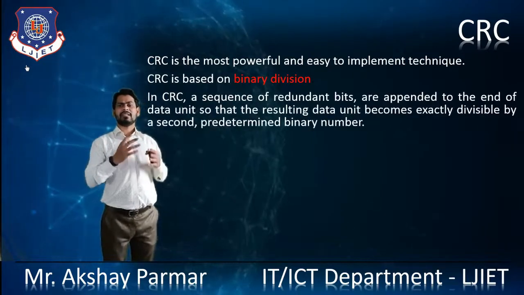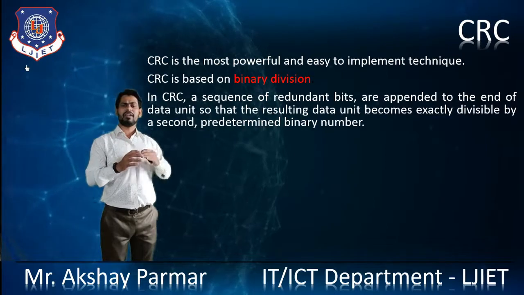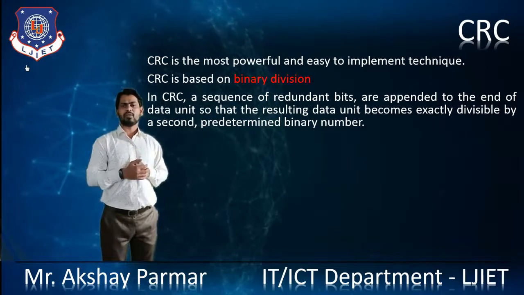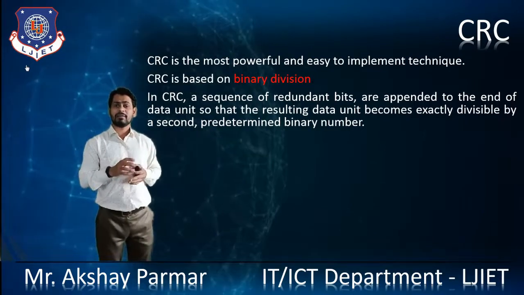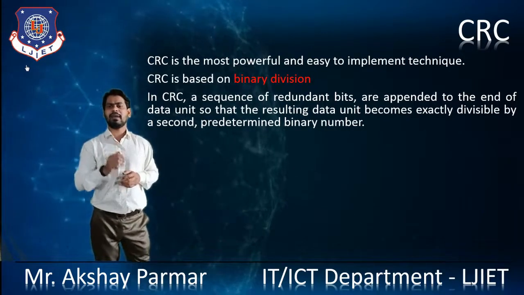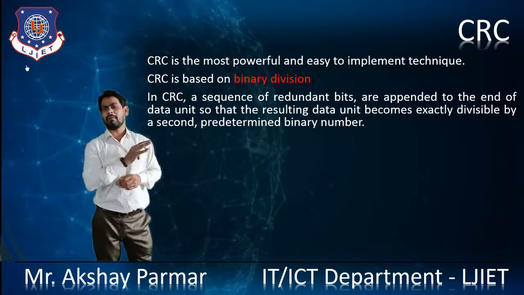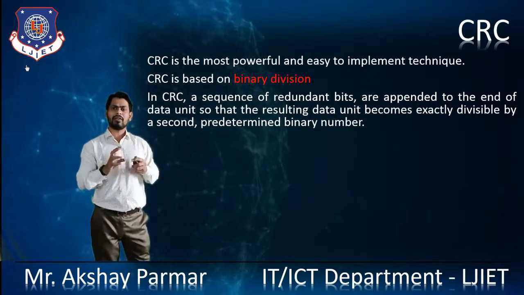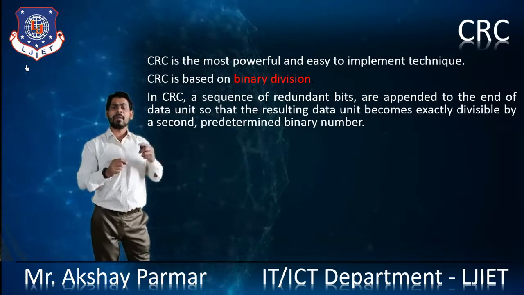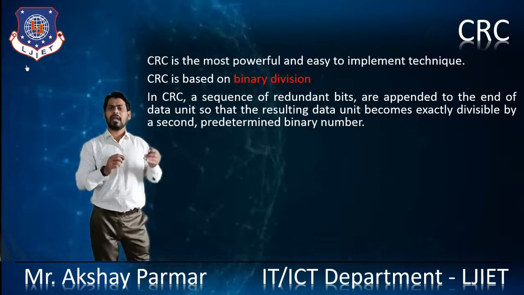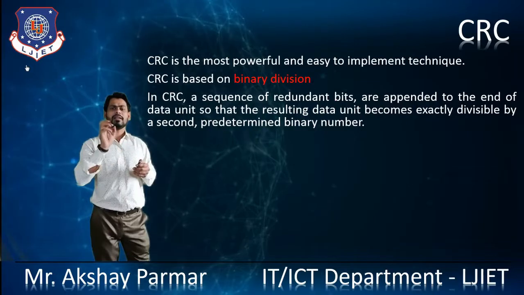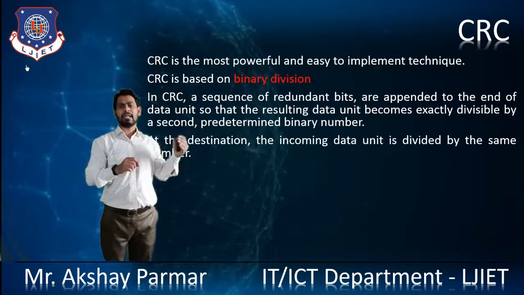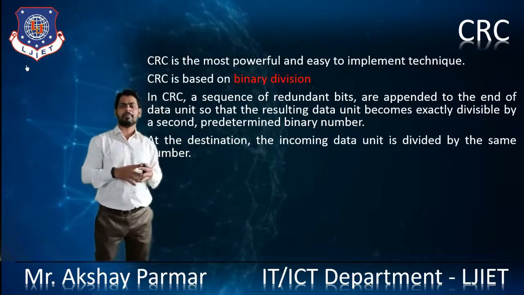In CRC, a sequence of redundant bits is appended to the end of the data unit so that the resulting data unit becomes exactly divisible by a second, predetermined binary number.